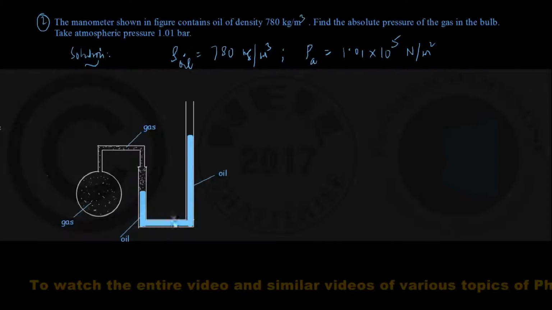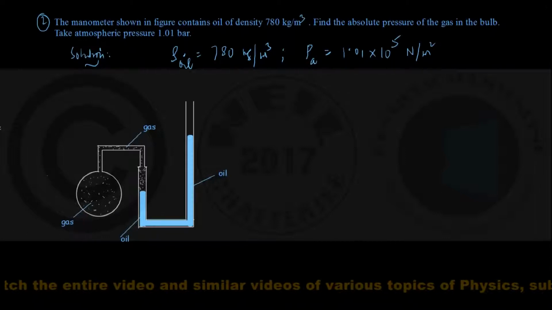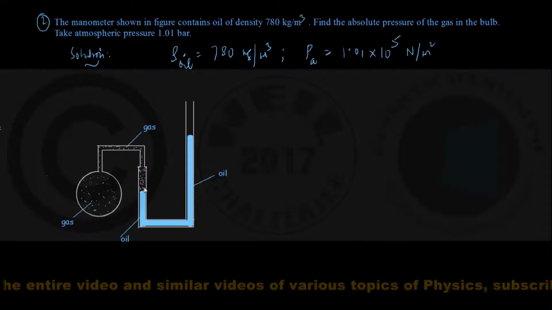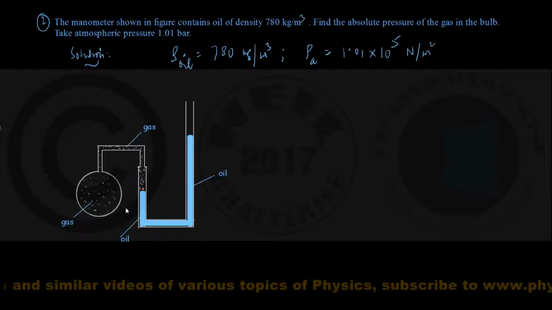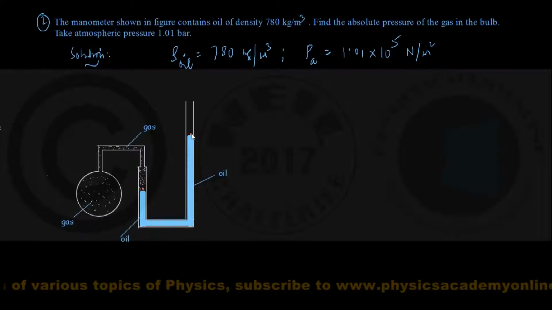Now, let me take a few points as well. Here is a point shown in this red dot, a point at the surface separating the gas from the manometric oil. And similarly, I show here a point with the red dot at the free surface of the oil in the right limb. It is given further in the figure itself.